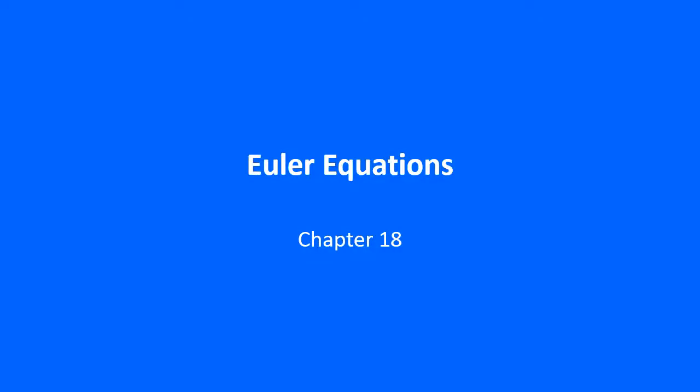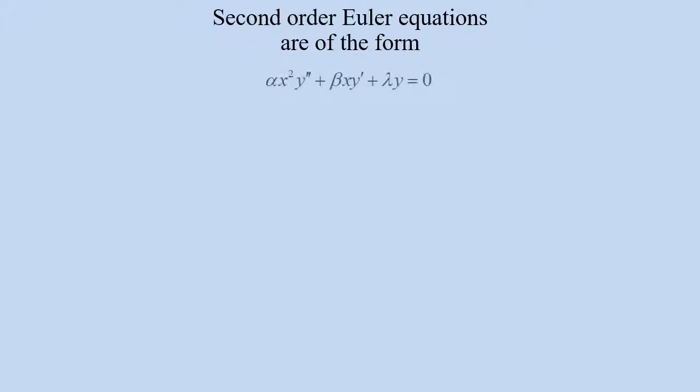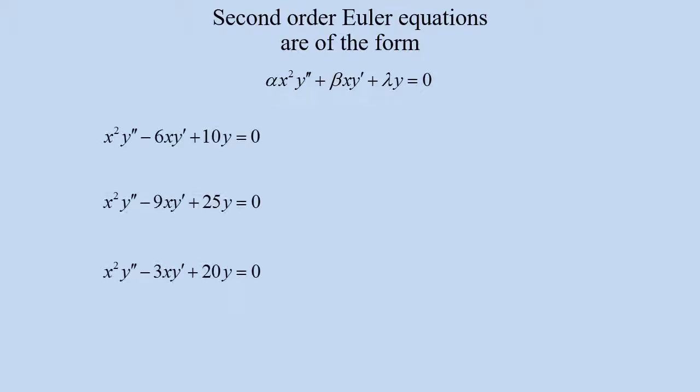Now we want to look at a certain technique for solving equations known as Euler equations. Euler equations are equations that look like this. You notice that in each of these, the coefficient of the second derivative is something x squared.